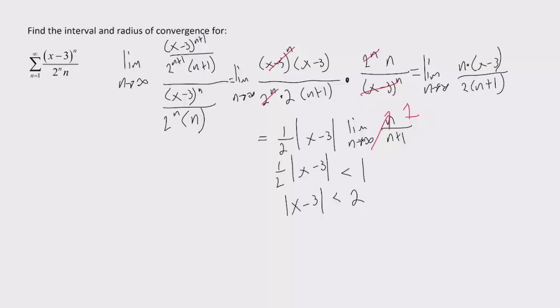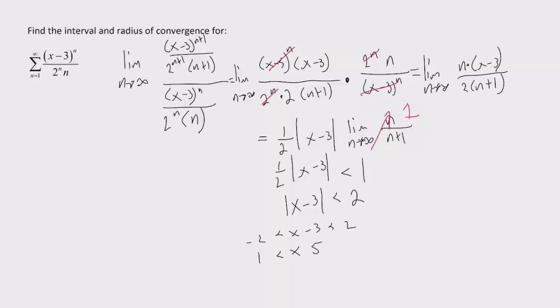And if we think back to the definition of absolute value, that says that negative 2 is less than x minus 3 is less than 2. So if I add 3 to both sides, that's going to give me a 1 there. 1 is less than x is less than 5. So the radius of convergence is 1 to 5.